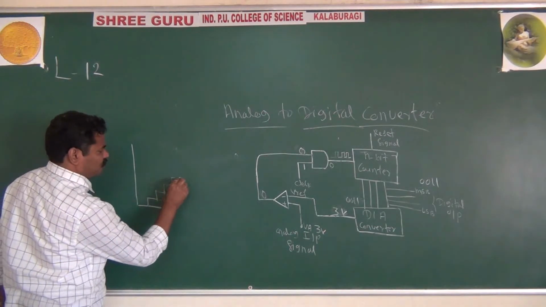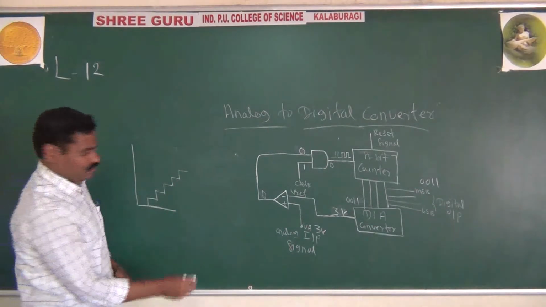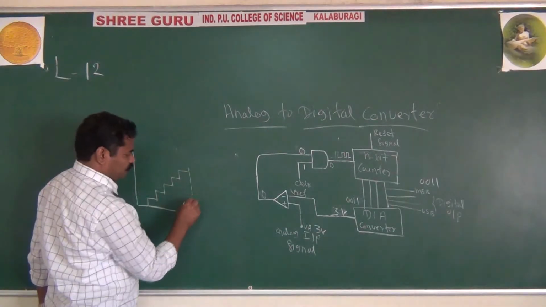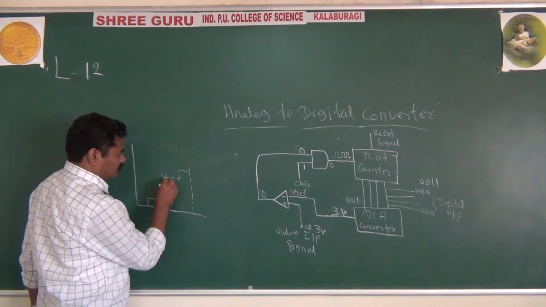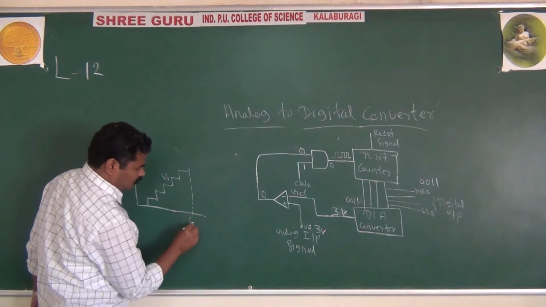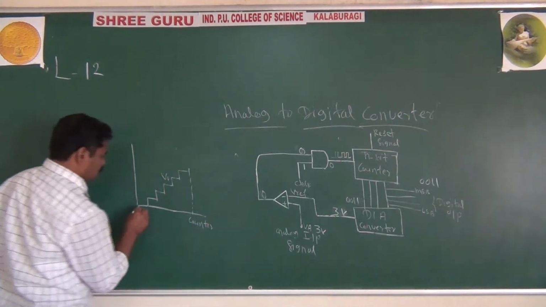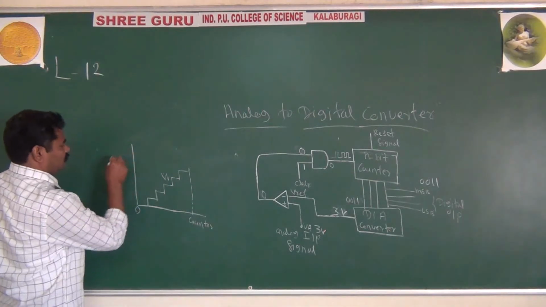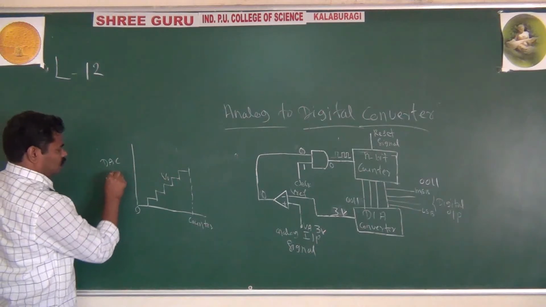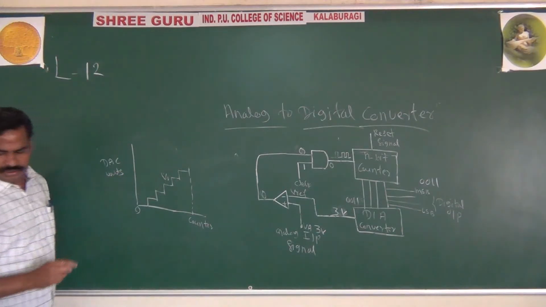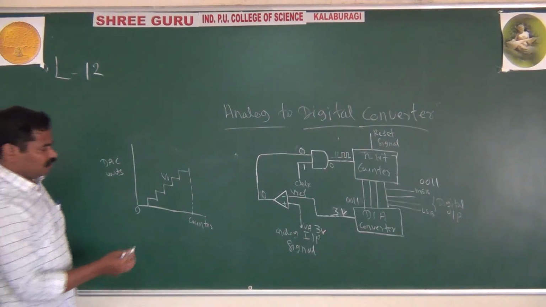That is your V0, and here you are having the counter and the DAC volts.